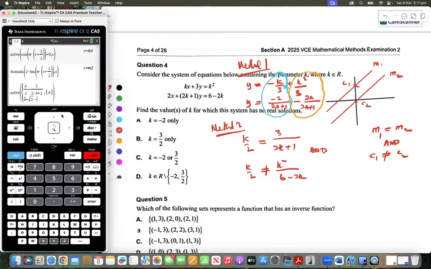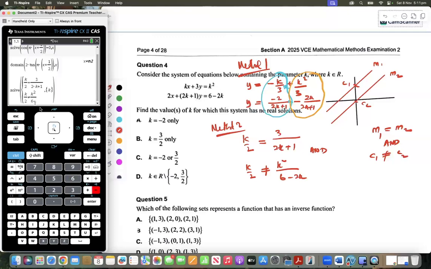So, let me do it properly. Okay, so K over 2 should not be equal to K squared over 6 minus 2K, right?